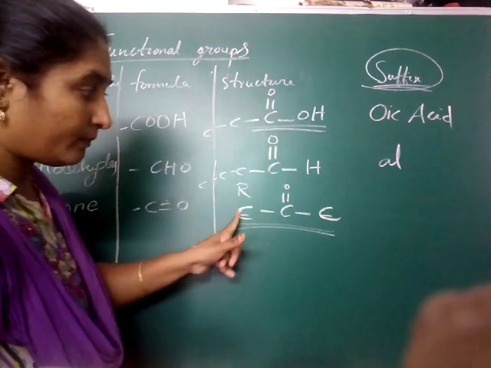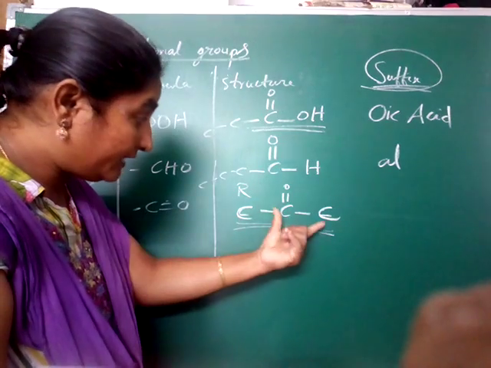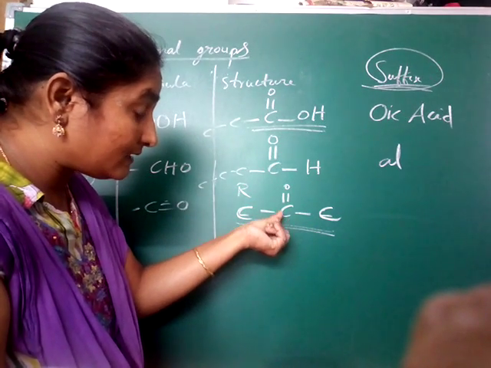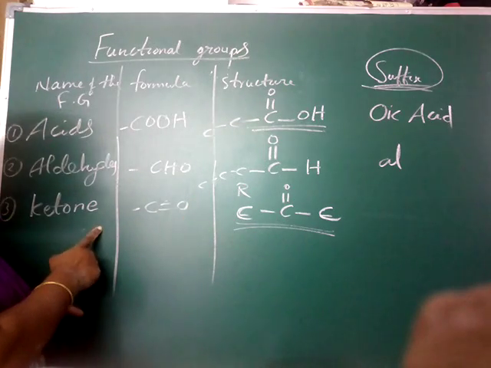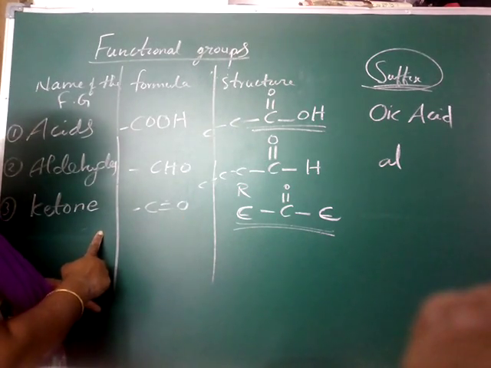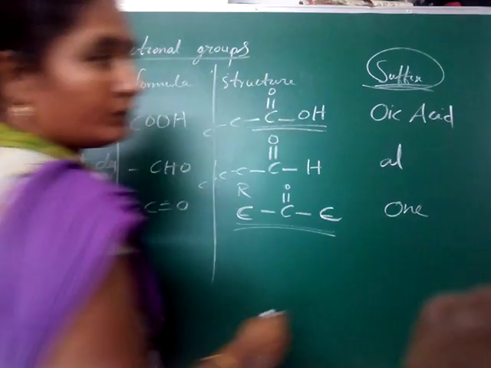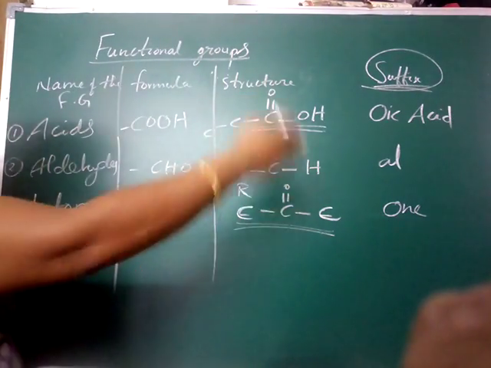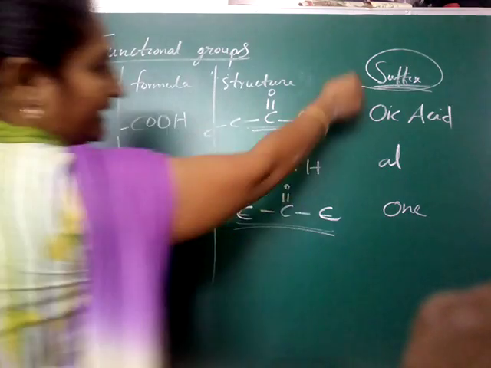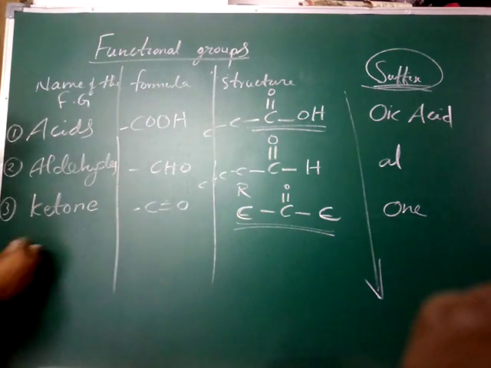In between two carbon compounds, if there is a double bond O, then it is called the ketone functional group. Here you get ONE as a suffix. I will tell you the importance of these names when we discuss nomenclature.